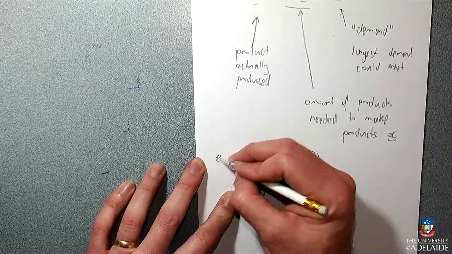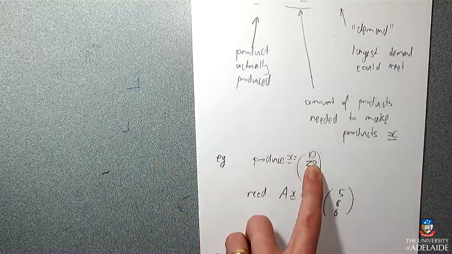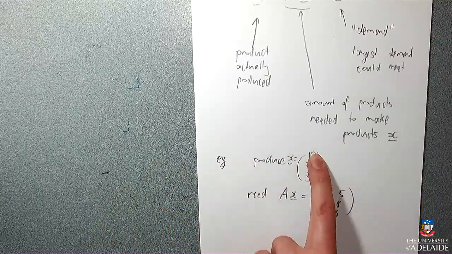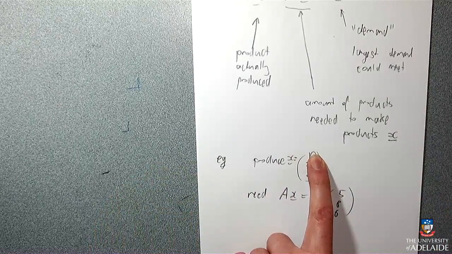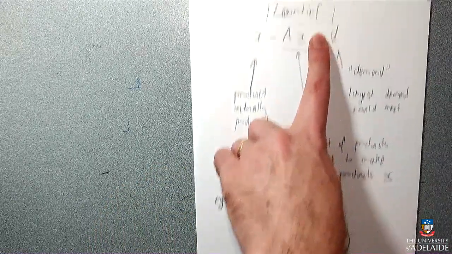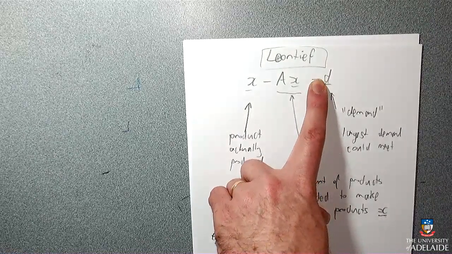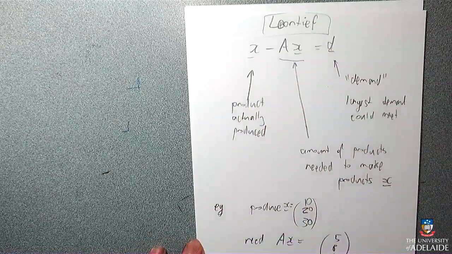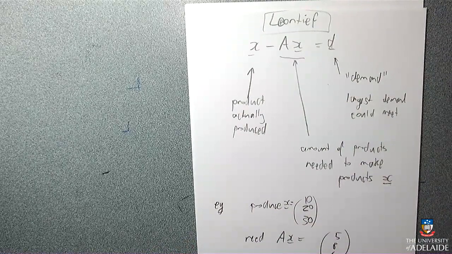So maybe you want to produce x equals this, then you would need this much to produce that many. Which means that the leftover is what you would be able to give to an external thing.